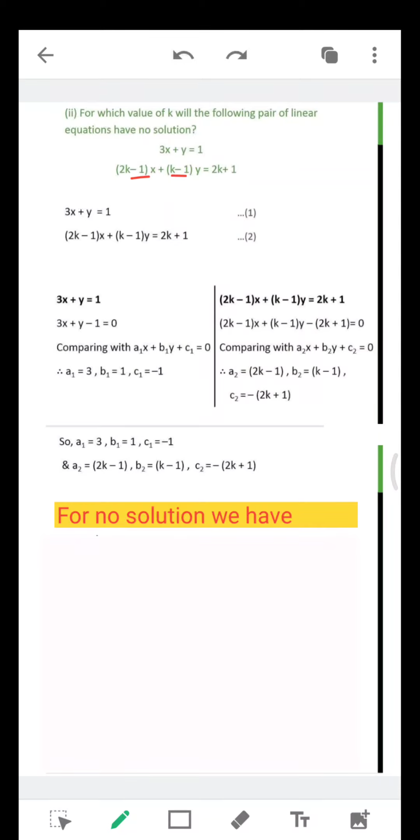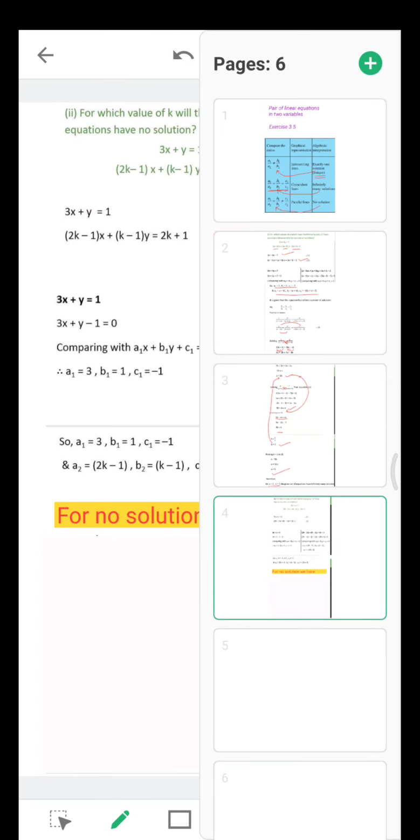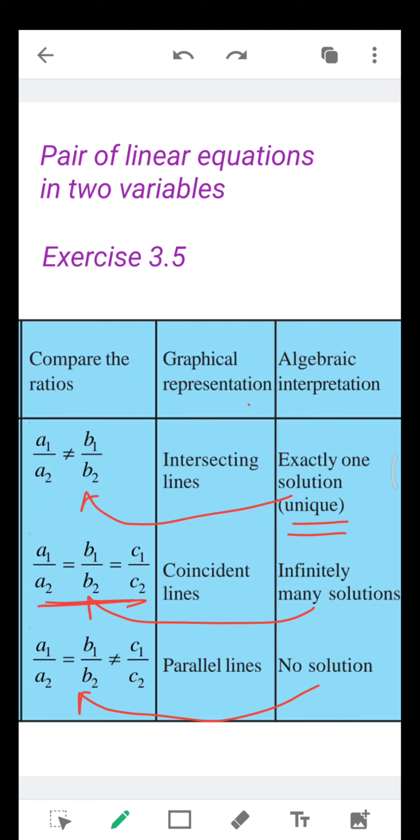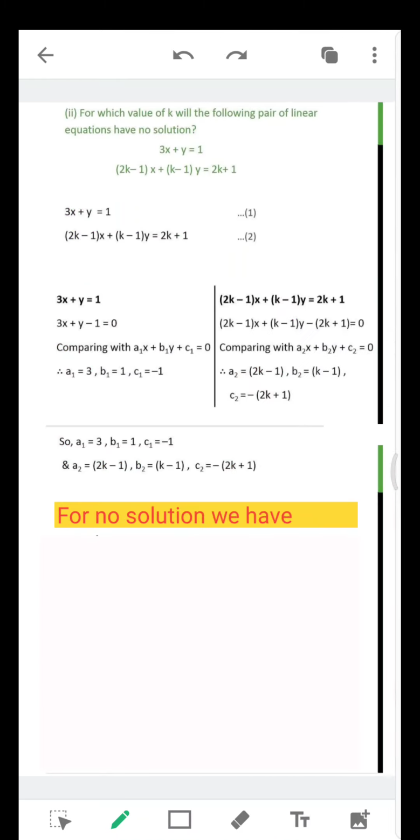For what value of k this has no solution? So what is the condition for no solution? The condition is here. For no solution, a1 by a2 is equal to b1 by b2 is not equal to c1 by c2. This condition we are going to use. So whatever is given in the question, we should use that same condition.